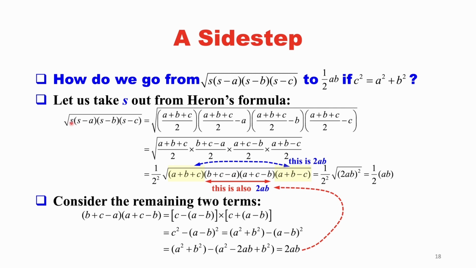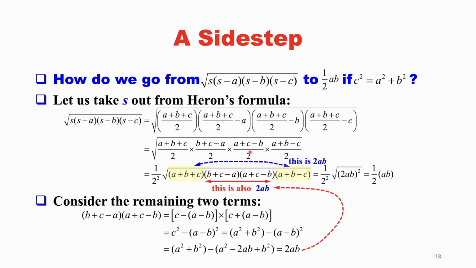That is replacing S by A plus B plus C over 2 here, here, here, and here. Now just take a look at this term. It's going to be A plus B plus C minus 2A. If we take A above, then A minus 2A becomes B plus C minus A. So this term is simplified to this term.